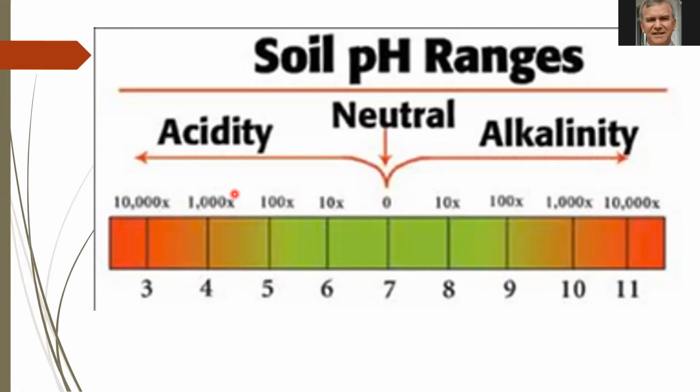So the plant's response to pH in a soil is quite sensitive. And if you get off the scale very much, even though it may not seem like a big move from 7 down to 5, the degree of acidity is 100 times greater at 5 than it was at 7. And this is related to the hydrogen ion concentration, which is the chemistry driving a pH measurement. Okay, moving on to the next slide.